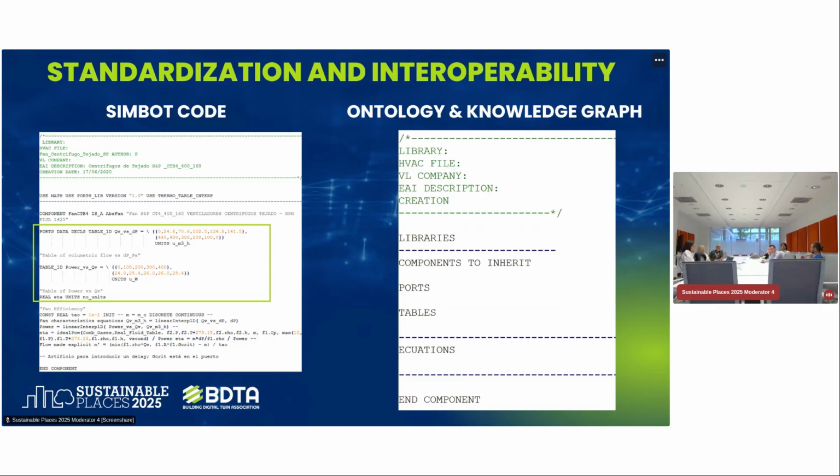So the equations are the macro behavior of the component, based on the micro. Yes, exactly. For example, for a fan, if you have the transfer equation, you have everything. You don't need all the information the manufacturer gives you, such as how many resistors or little components they have inside.